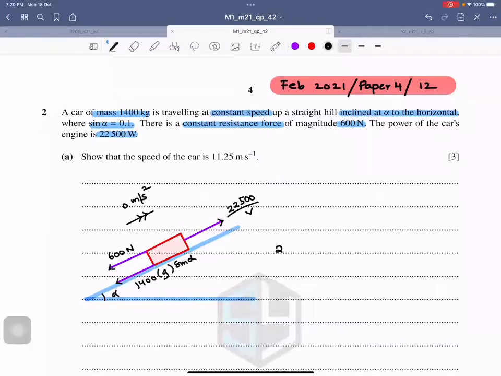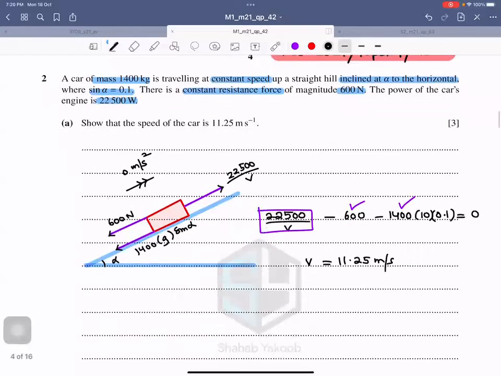So therefore 22,500 divided by V minus 600 minus 1400 into 10 into sine alpha is equal to mass into acceleration, which is 0. In other words, the upward forces should equal the sum of the downward forces. And when we calculate this, V will come out to be 11.25 meters per second. That is the first part.